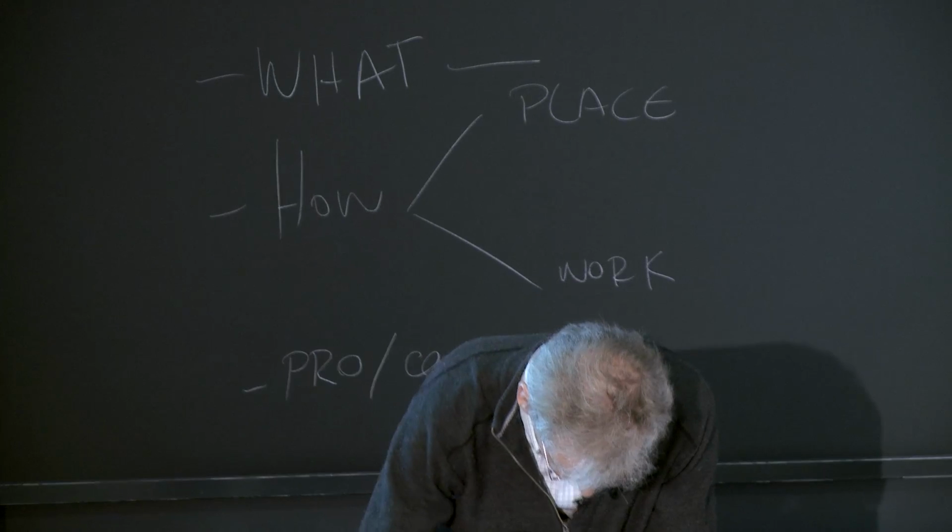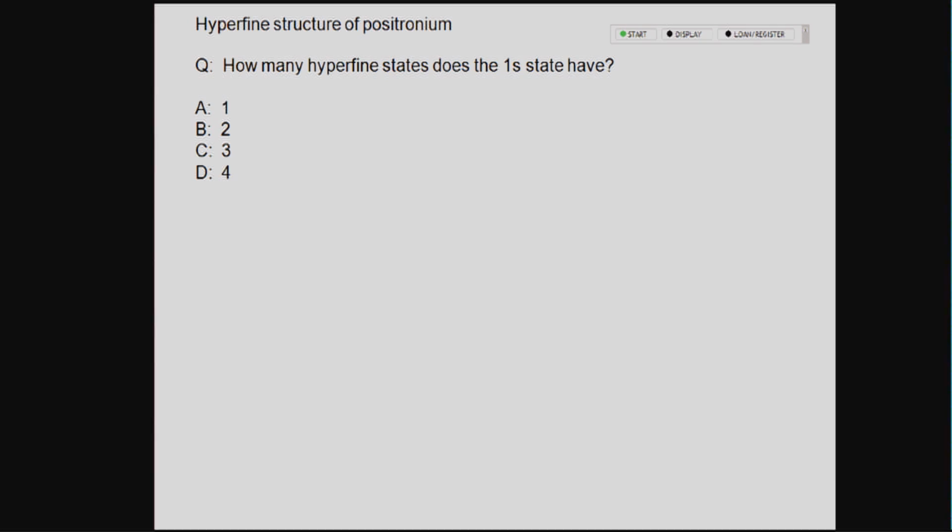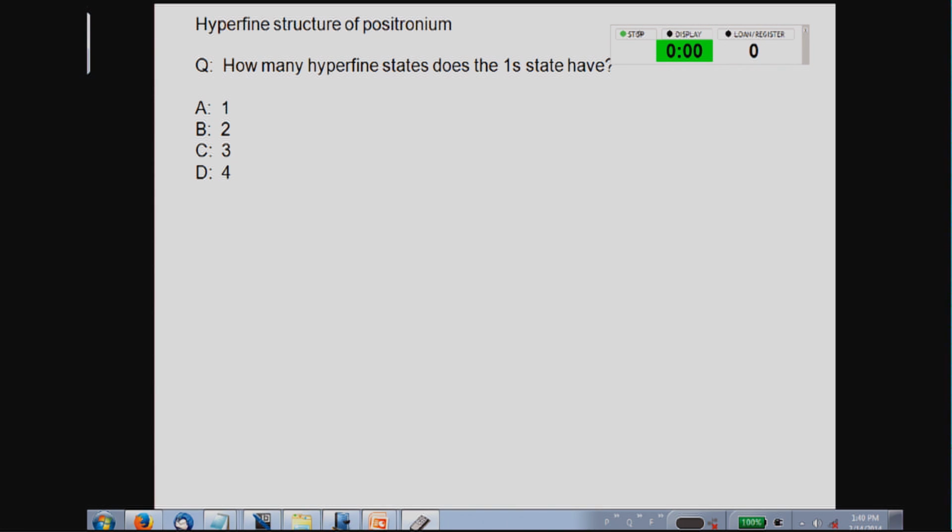But before we talk about the energies, let's first talk about how many hyperfine states do we have in the ground state. 1, 2, 3, or 4?